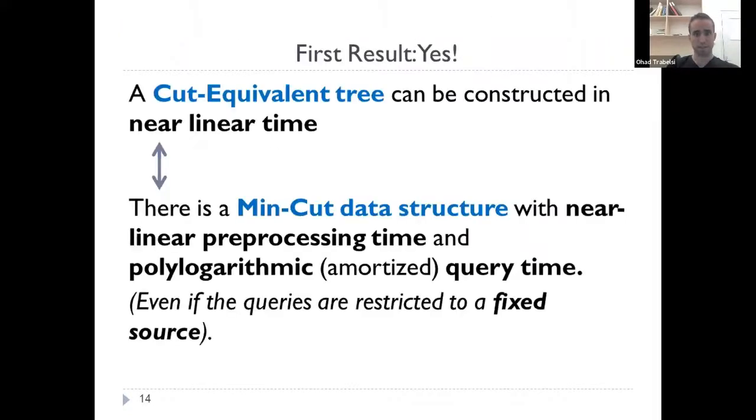A main result of this paper is that yes, a cut equivalent tree can be constructed in near-linear time if and only if there is a min cut data structure with near-linear preprocessing time and polylogarithmic query time. And this is even if the queries are restricted to a fixed source.